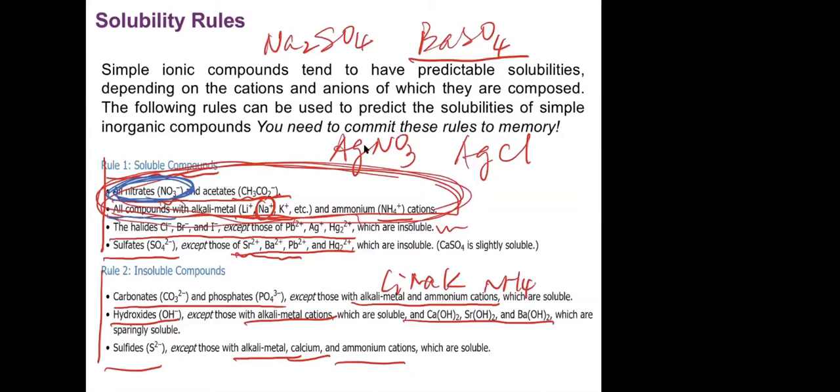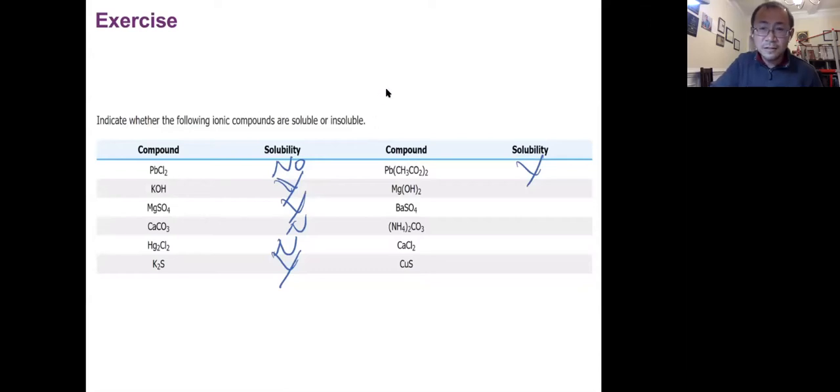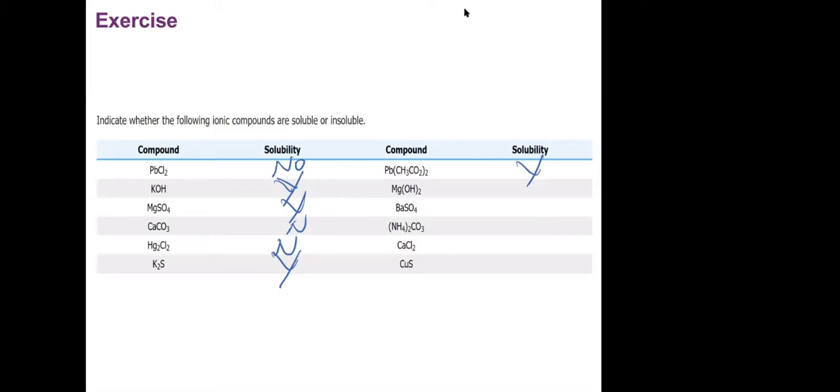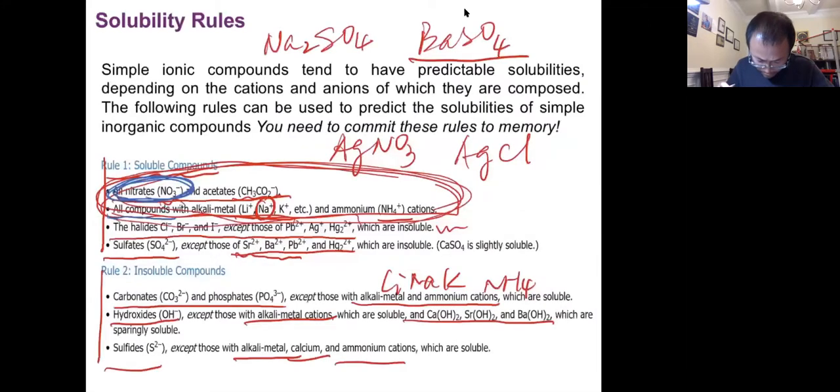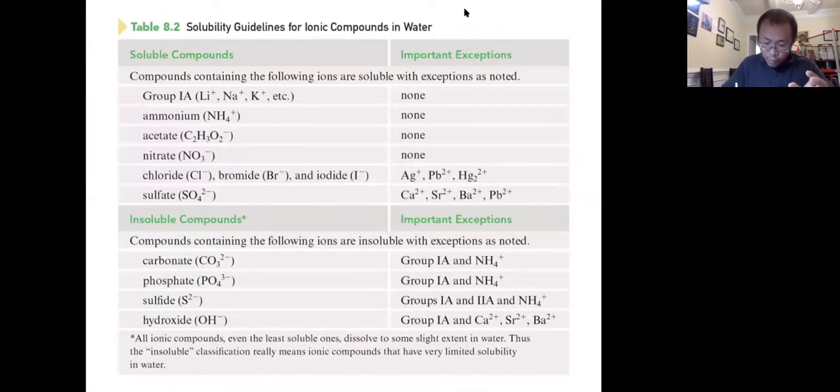Okay, Kate, magnesium hydroxide? No. Magnesium hydroxide is a little tricky. It's slightly soluble, something between, but I'll try to avoid that. So don't worry about magnesium. If I have that in a quiz, I'll try to correct that.